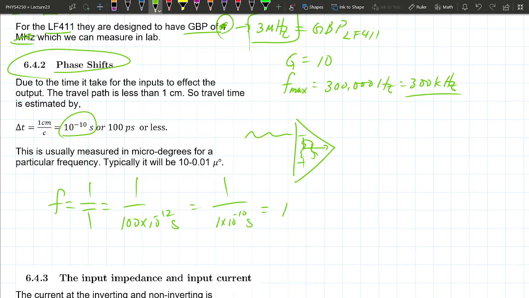I flip this upside down, it is 10 to the 10 hertz, okay? 10 to the 10 hertz, that's 10 gigahertz, right? Your phone already works at about 2.4 gigahertz, okay? This is one of the reasons why consumer electronics tend to stay below 10 gigahertz, because they don't want to pay additional things to design a chip where the signal can travel from one side of the chip to the other in less than 100 picoseconds.